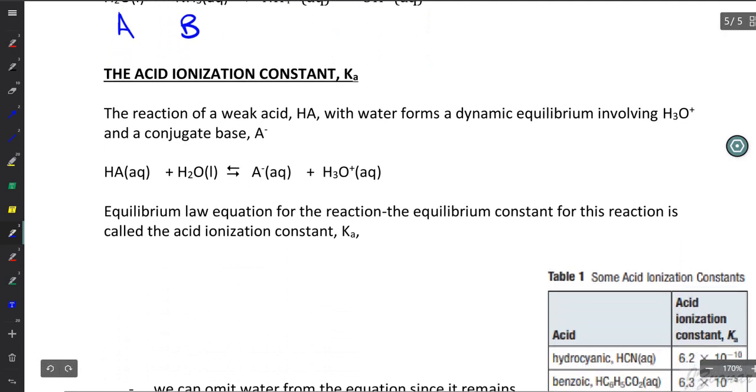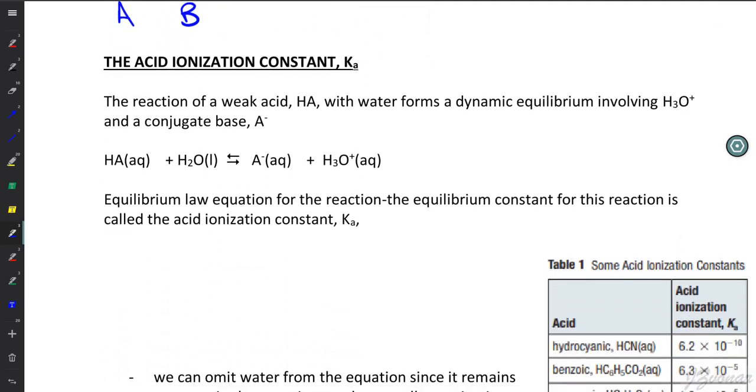And lastly, the final thing that's discussed in this section to describe the nature of acids and bases is we're going to introduce the acid ionization constant. And we call this equilibrium constant, Ka, to identify that it is dealing exclusively with acids. So the reaction of a weak acid with water is going to form a dynamic equilibrium.